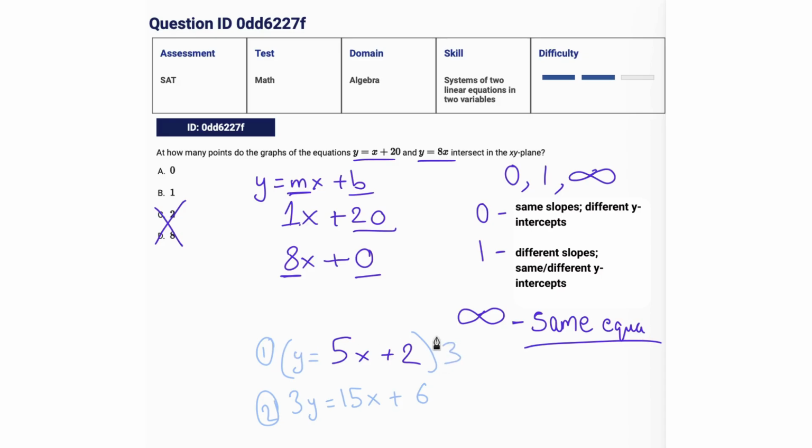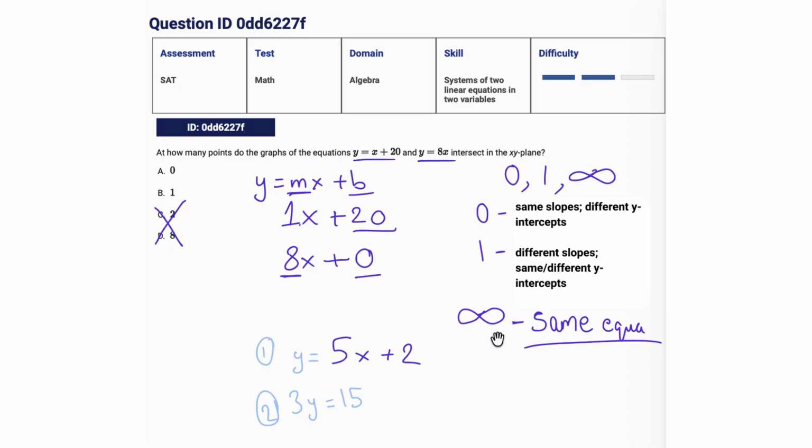So 3 times y, which is 3y. 3 times 5, which is 15. And 3 times 2, which is 6. If you type these two equations in a graphing calculator, or Desmos, you would get the exact same graph. And that's when you have infinite intersections, okay?